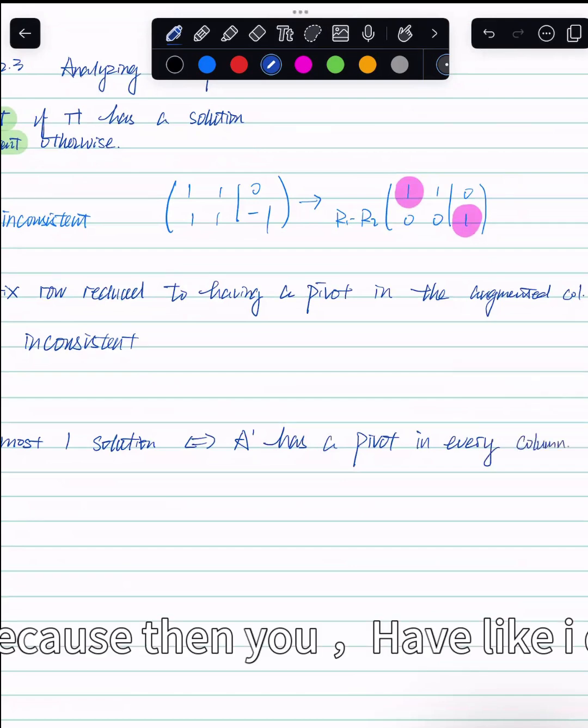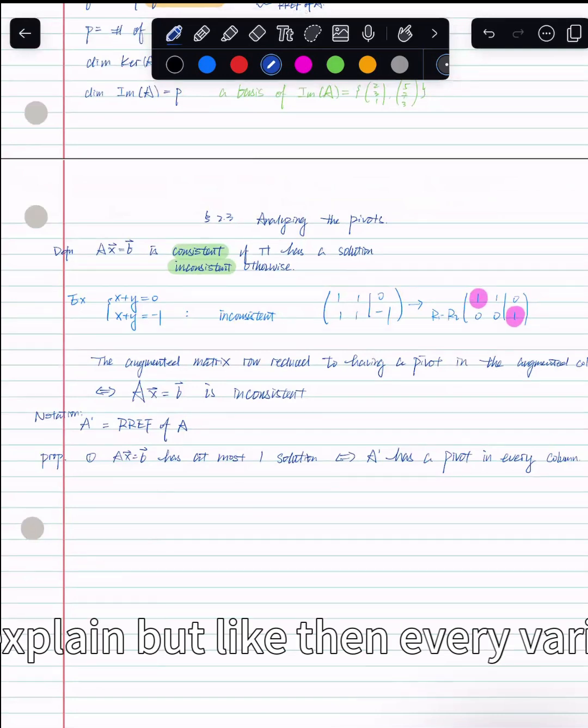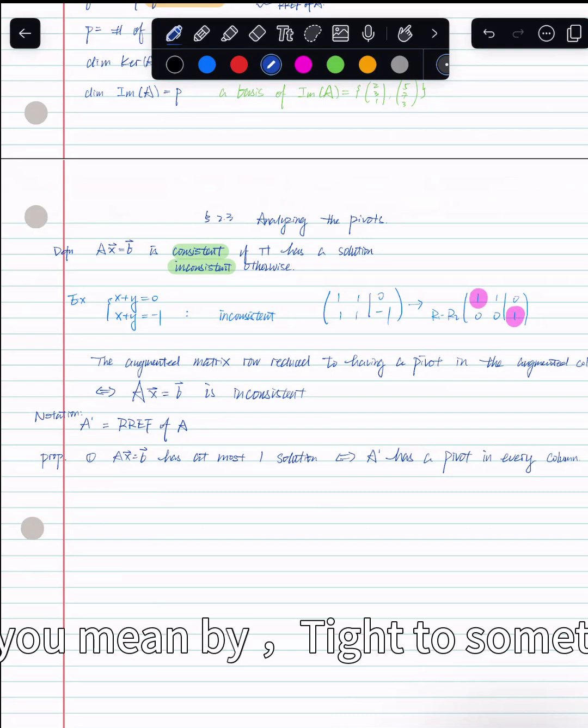Is it because then every variable is tied to something? What do you mean by tied to something?